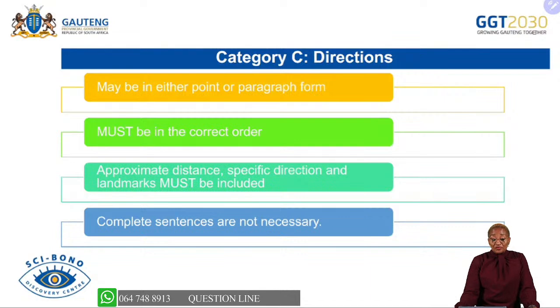The approximate distance, specific direction, and landmarks must be included. The most important thing is that you've got to use the approximate distance, you've got to use specific direction, you've got to use your landmarks as well. And complete sentences are not necessary.